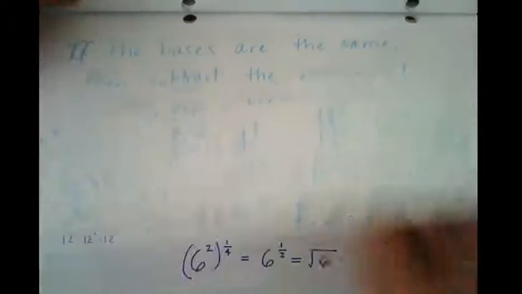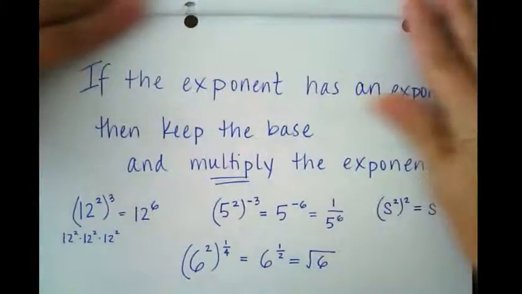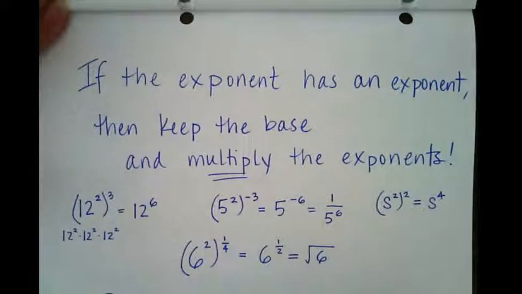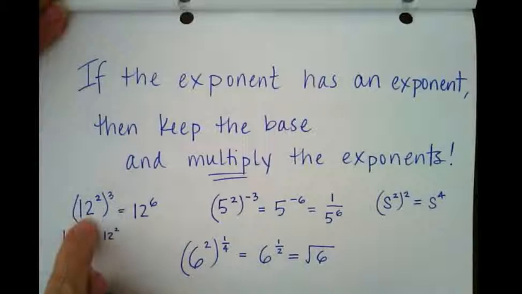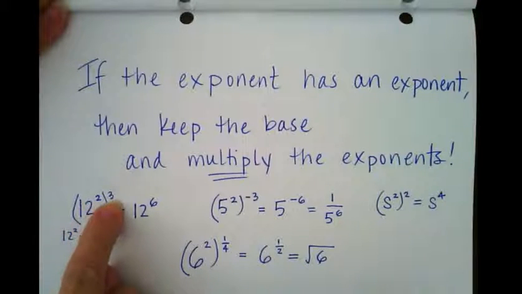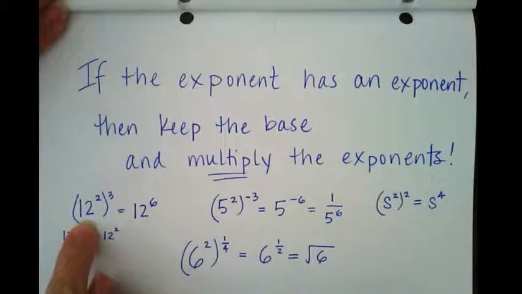On to power to a power. So the rule here is if the exponent has an exponent, then you're going to keep the base and multiply the exponents together. So that means that 12 to the 2nd to the 3rd, so there's only one base number here.